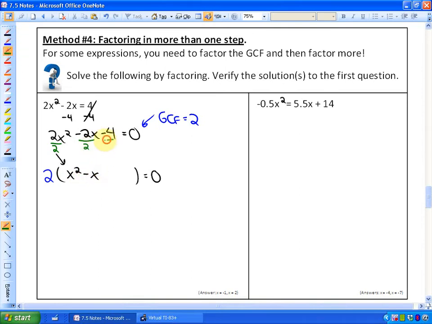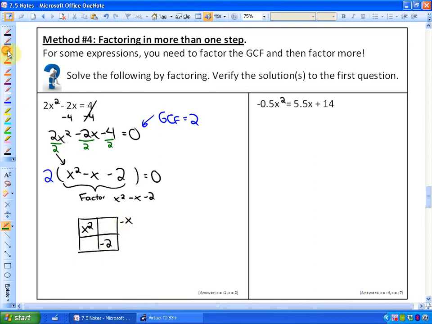And if I divide the third term by 2, negative 4 divided by 2 is negative 2. The next thing you want to do, so that's the first step of factoring, is that this trinomial here can still be factored. So you can factor x squared minus x minus 2. And that could be done using the area or box method.